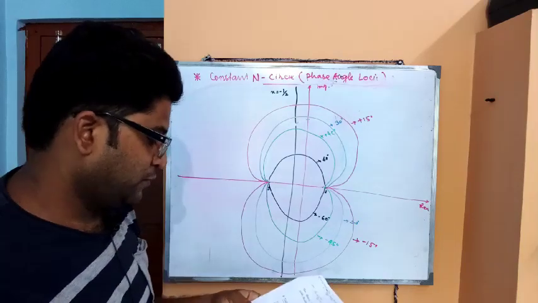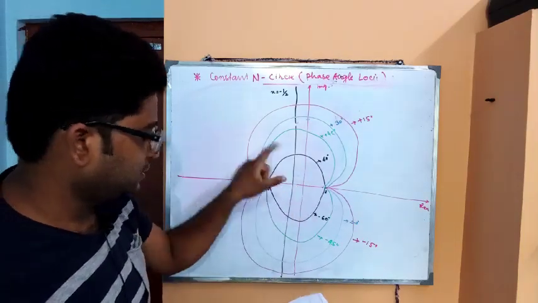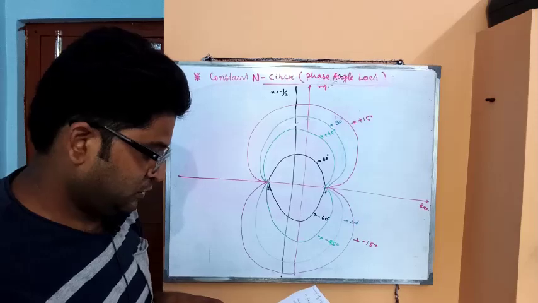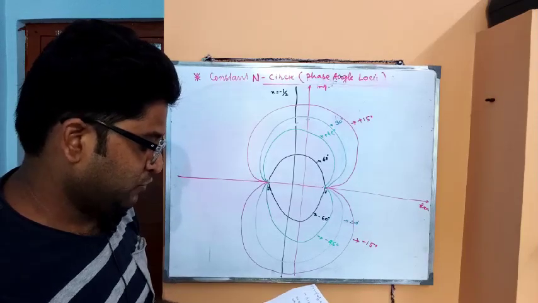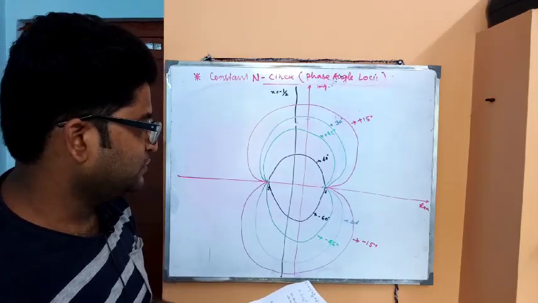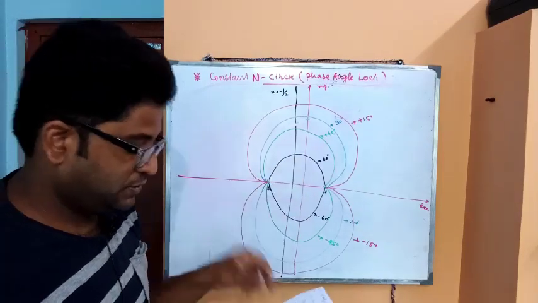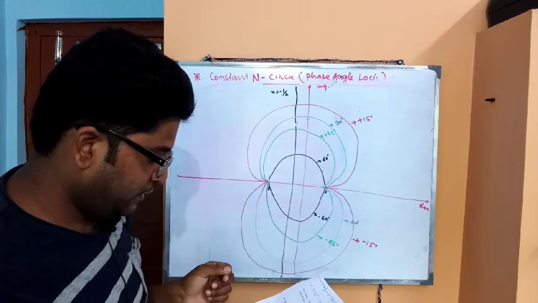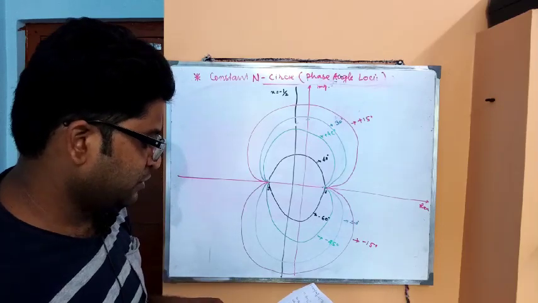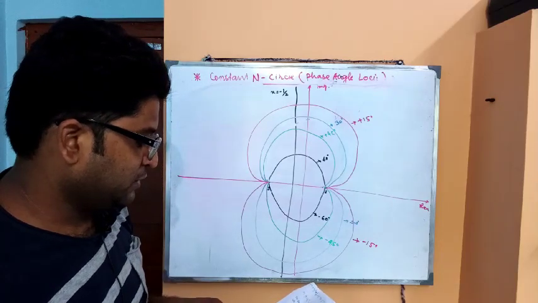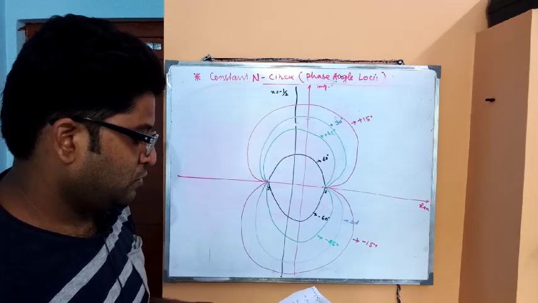Okay. So this one represents the 60 degree; for positive 60 degree we have the radius of 0.577, which is why it lies within this. And the coordinates for plus 60 degree are minus 0.5 comma 2.88.